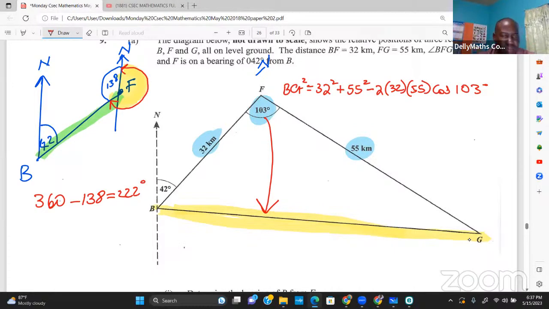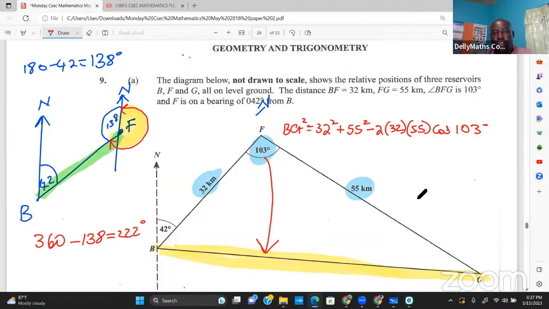All right. So then we're looking at that. So now let's do our calculation, making sure that we're not making any error. 32 square, I think that gives us 1,024. 55 square, it's going to give us about 3,025. And then now I'm going to put all of this on the calculator at once, all of that from -2. All right.